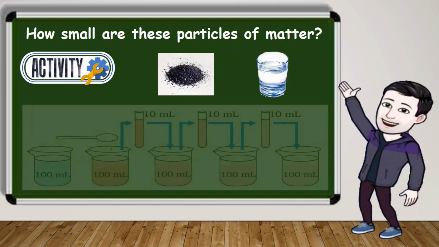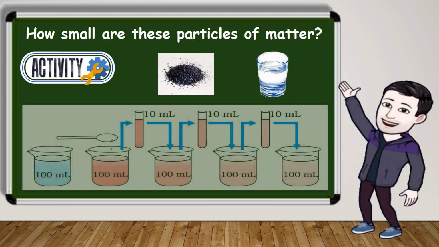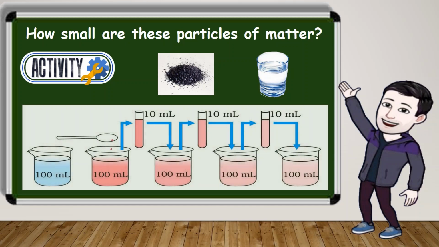Now, take out 10 ml of this solution, and put it into 90 ml of clean water. Repeat it twice or thrice. Later, we will observe that just a few drops of potassium permanganate solution can color a large volume of water. As a result, we conclude that the particles of matter are very small. They are small, beyond imagination.